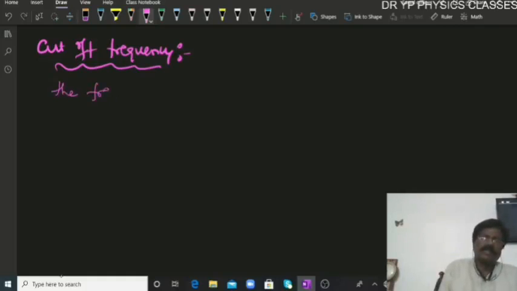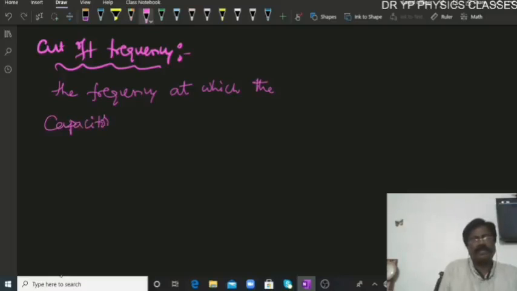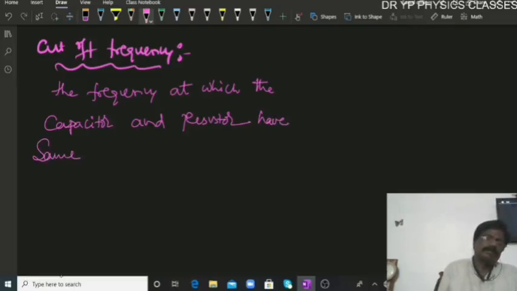So cutoff frequency is that particular frequency at which the capacitor and the resistor have the same impedance.